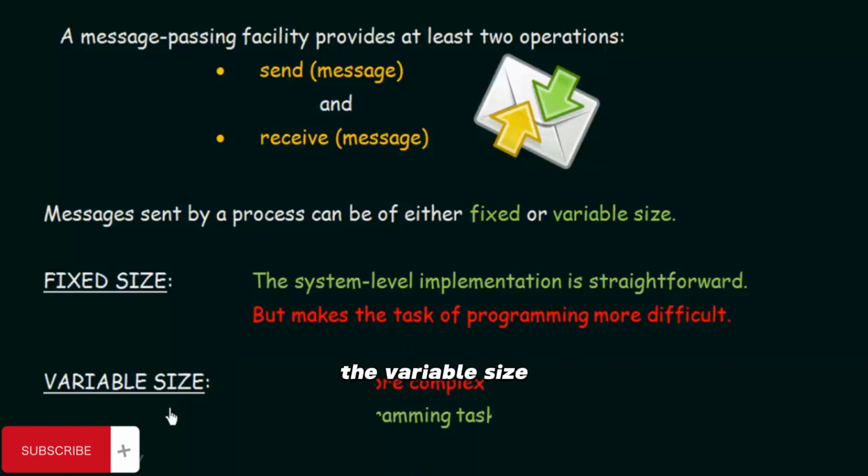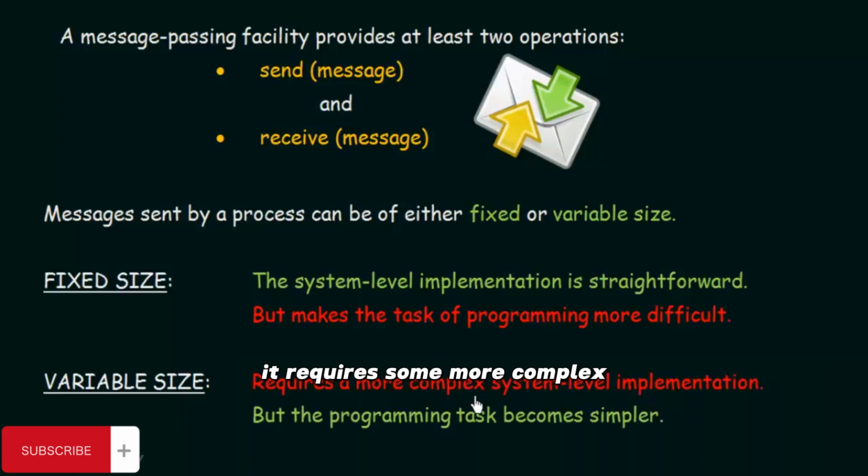Now coming to variable size, it requires some more complex system-level implementation, but the programming task becomes simpler. In case of variable size messages, it requires some more complex system-level implementation, which means that when you are designing the system, it may be a little more complex, or a little more difficult, because you have to allow the messages to be of any size, or variable size.